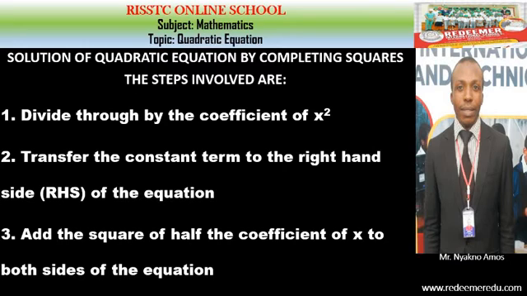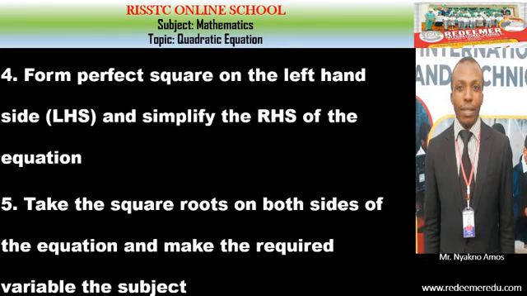Step number 3. Add the square of half the coefficient of x to both sides of the equation. Step number 4. Form perfect square on the left hand side of the equation and simplify the right hand side of the equation. And the last step, take the square roots on both sides of the equation and make the required variable the subject of the formula.